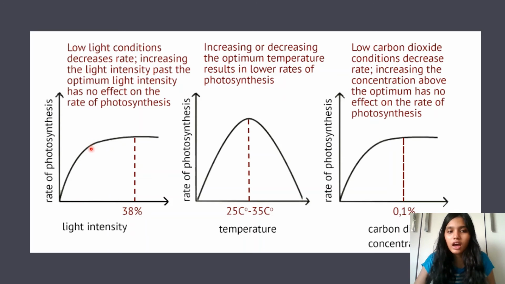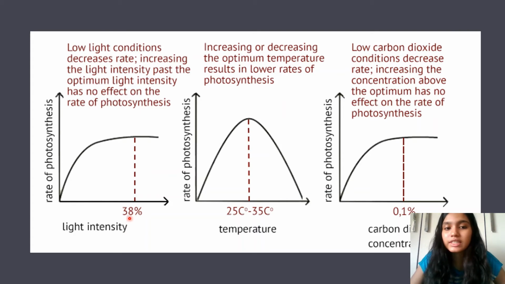So when the graph is not flat, when it does not level off, when it's still sloping, the factor on the x-axis is the limiting factor. So till here, around here, that they've marked, where it's not flat, light intensity is the limiting factor. Because a decrease in light intensity will cause a decrease in photosynthesis, and an increase in light intensity will cause an increase in photosynthesis.